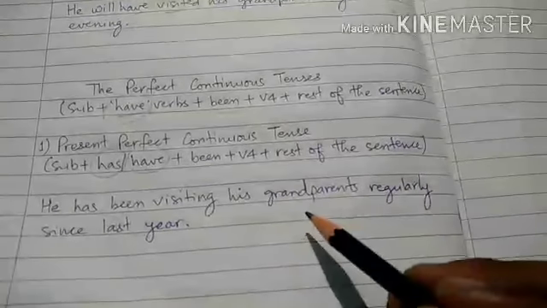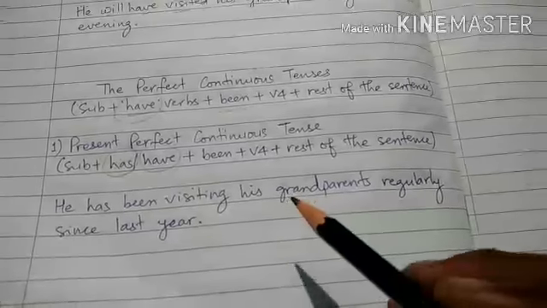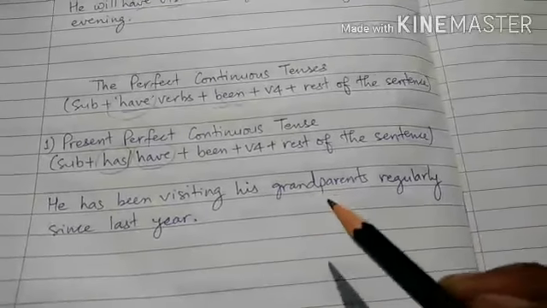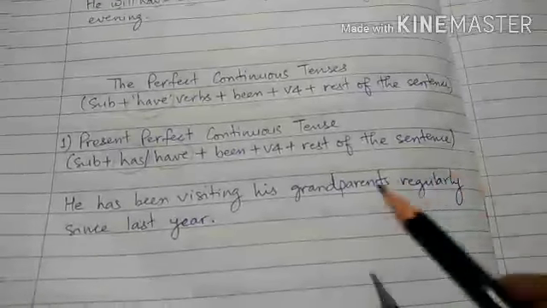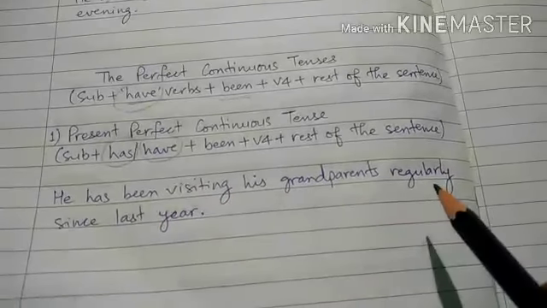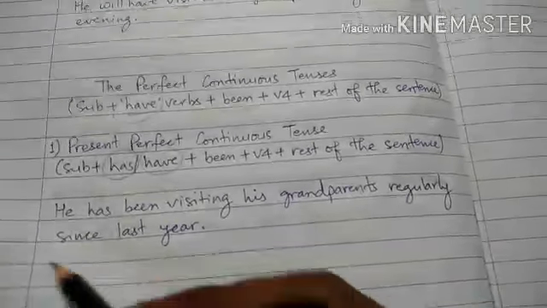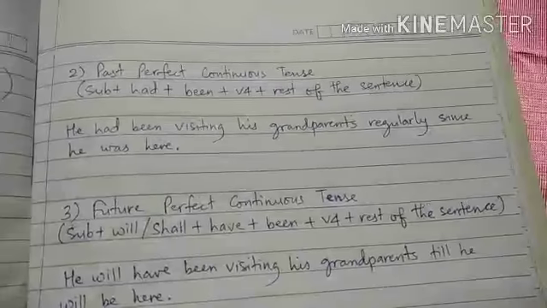So we have to understand what kind of actions each tense expresses, so according to that we have to make changes in the use of some words. So he has been visiting his grandparents regularly since last year. Okay, so this is the correct sentence in present perfect continuous tense.